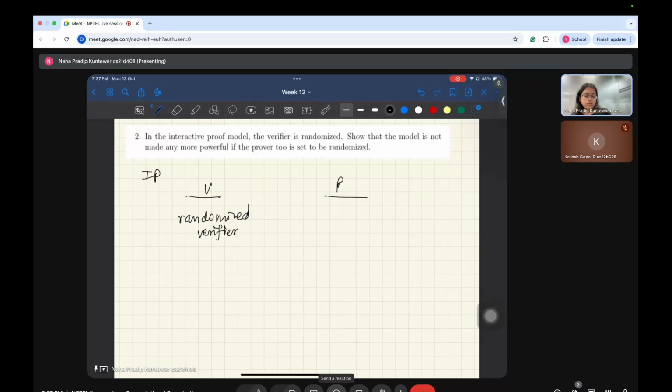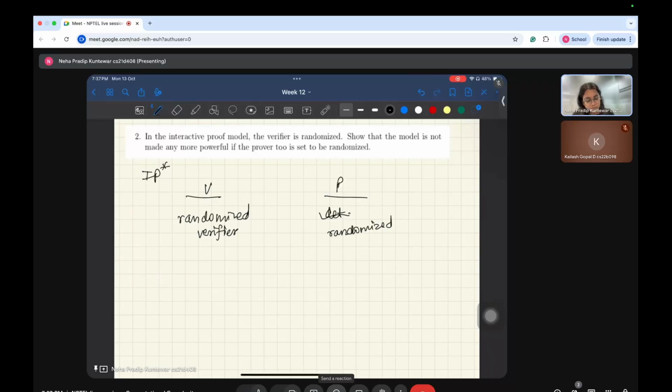This was earlier a deterministic prover. Now let's say that we give more power to the prover, so we allow the prover also to be randomized, and let me call this IP star.